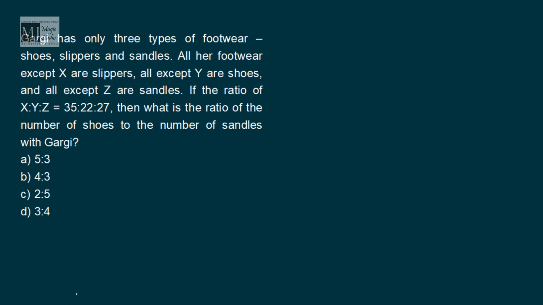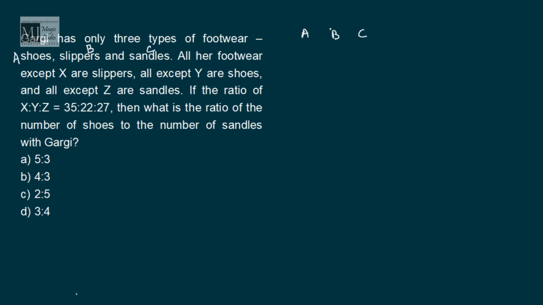Gargi has only three types of footwear: shoes, let it be A, slippers B, and sandals C. All her footwear except X are slippers.